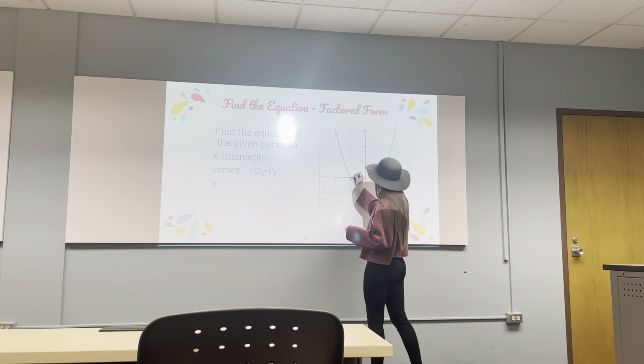Alright, so now we do the exact same thing we did last time. All we had to do is pull that information off of the graph. We'll walk through it again, it's always good to see it a couple times. So at this point, we're at y equals a times x minus 1, x plus 1.